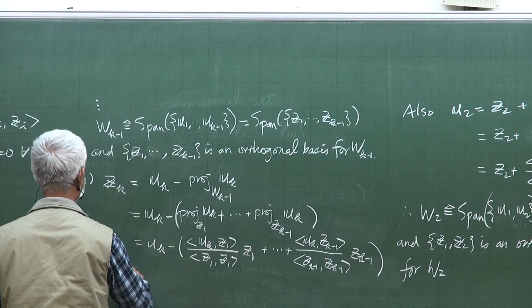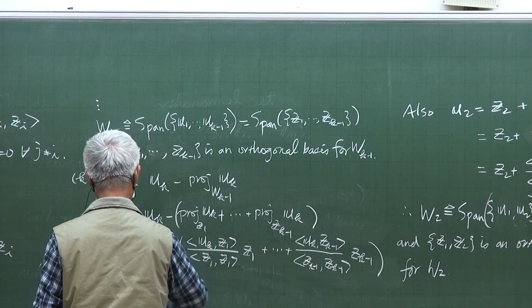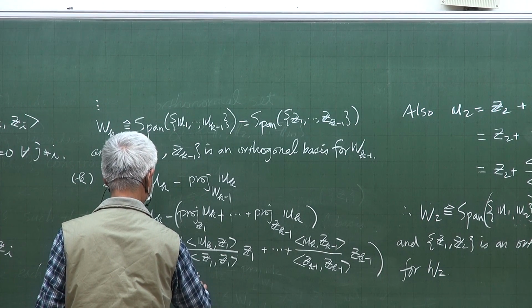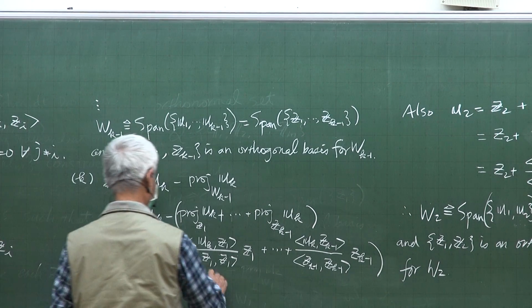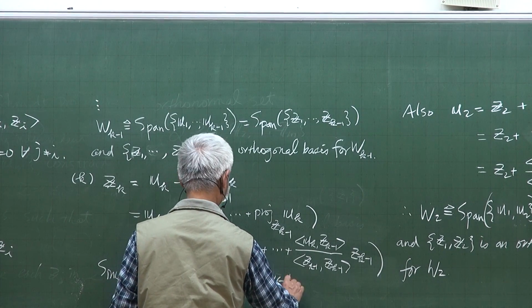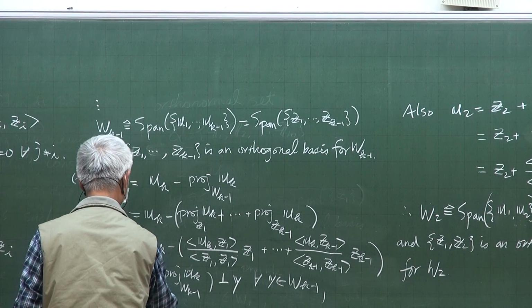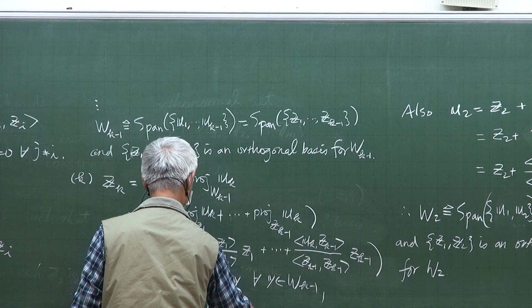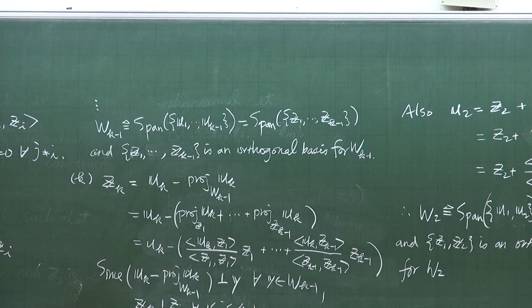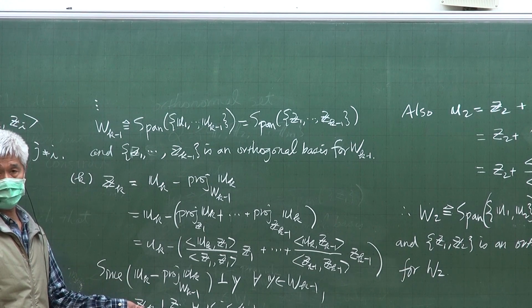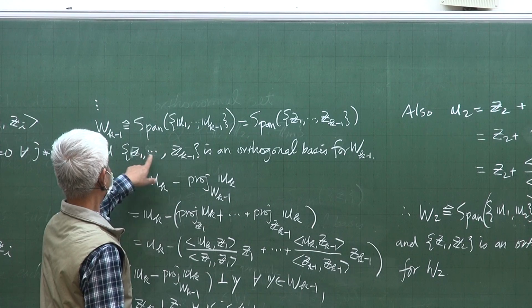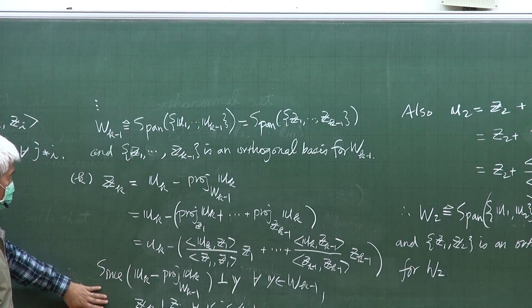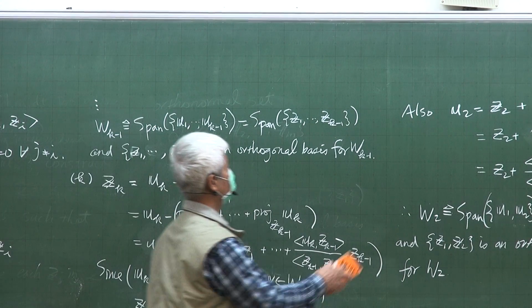Right, so again, since uk minus the projection of uk onto W k minus 1 is orthogonal to W k minus 1, zk is orthogonal to zi for all i from 1 to k minus 1. Okay, so the new zk will be orthogonal to the previous zi's, because z1, z2 up to z k minus 1 are in W k minus 1. So we have an orthogonal set.